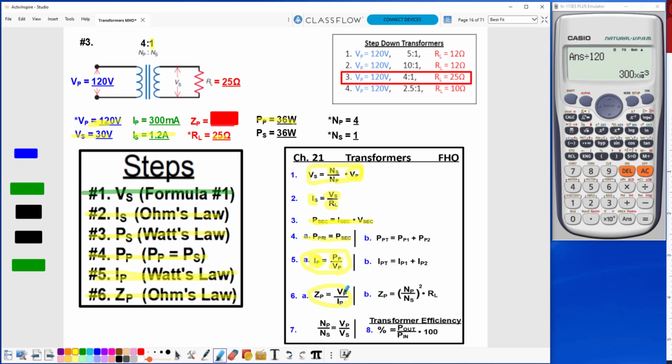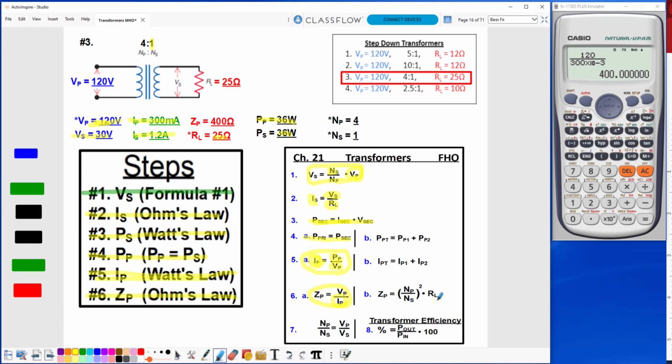So I take the voltage of my primary, which is 120 volts, and I hit over under, and I'm going to use the current of my primary, which I calculated to be 300 milliamps. So the impedance of my primary is 400 ohms.